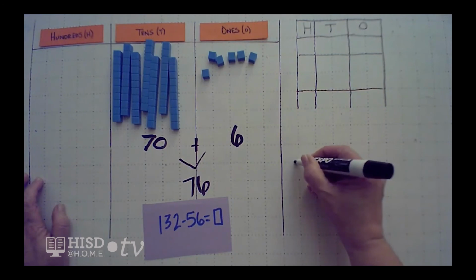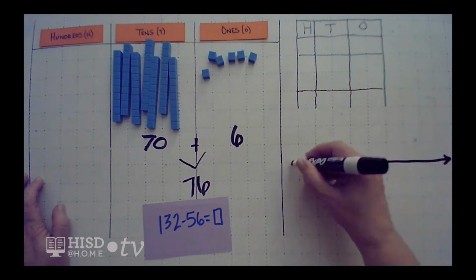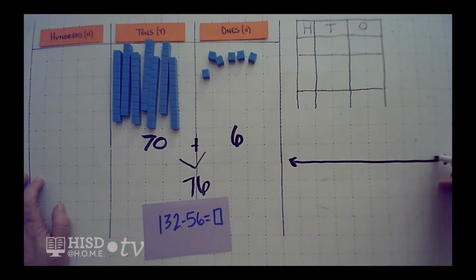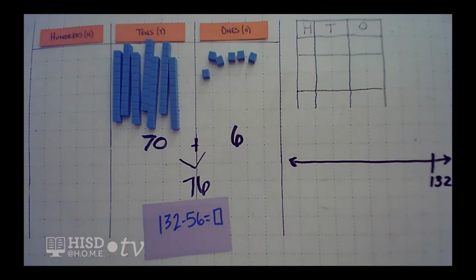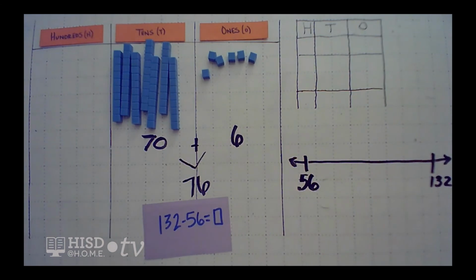So if I draw my number line, and I know that my largest point on the number line is 132, and I want to remove 56, I'm trying to find the difference between these 2 values. So what we can do is an adding on strategy to get from 56 to 132 to find the difference. So let's do that.